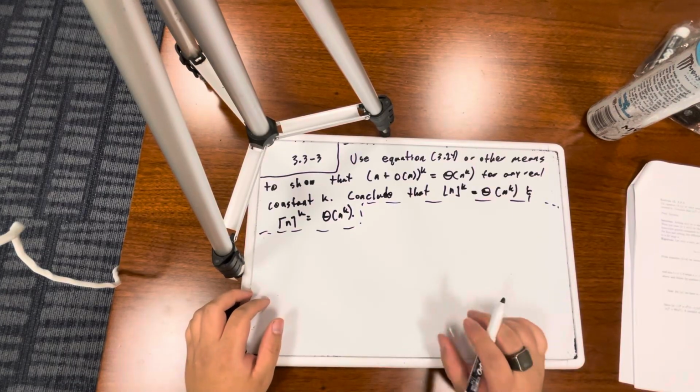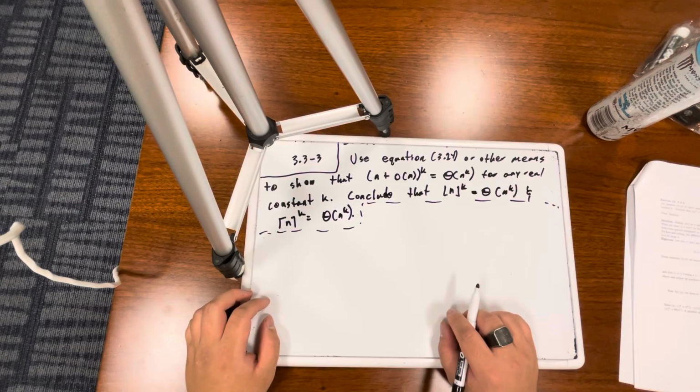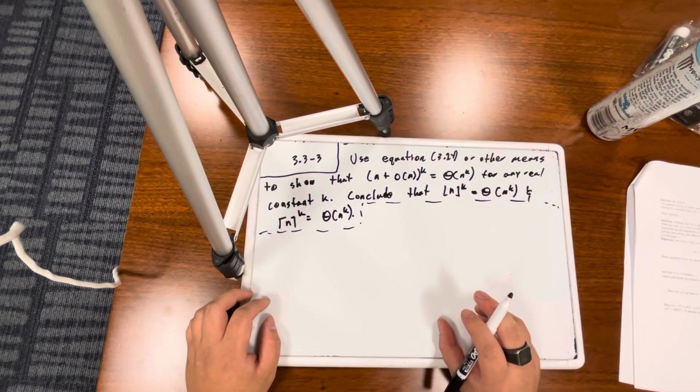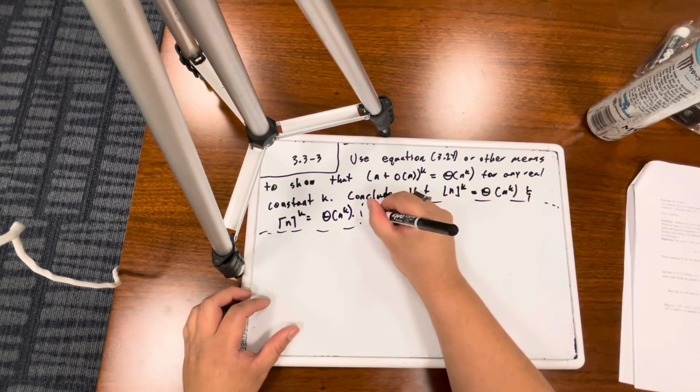When you raise (n + o(n)) to the kth power, the lower order term contributes only lower order growth compared to n^k. So (n + o(n))^k grows at the same rate as n^k. So for floor and ceiling, the difference from n is at most 1, which is negligible compared to n for large n. So let's discuss that a bit more rigorously.